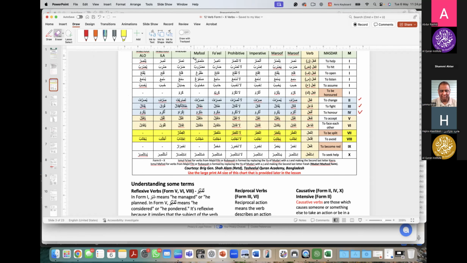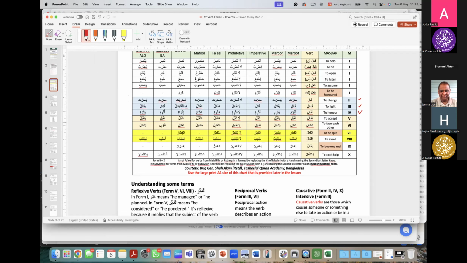First of all, what did you tell about form 5 and 6? What I meant is 2 and 5, 3 and 6, and ta is added. That's why this is common here. Ta is added on 5 and 6. So you'll remember 3 form verbs, 2, 3, 4, they will have mudari'u yu. The rest is ya.